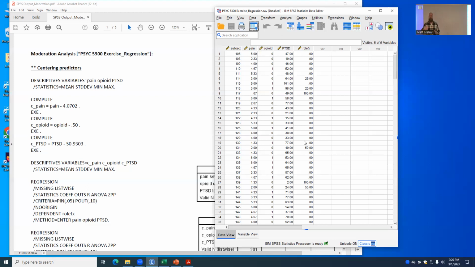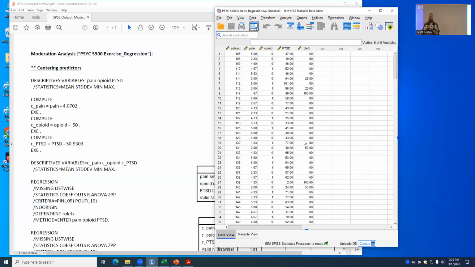If pain and opiate use are in our interaction together, those first order effects in our model represent the unique effect of X on Y with everything else held constant at 0. So it really depends on what 0 means for opiate use, because my unique effect of pain on role functioning is going to represent the association when everything is held constant at 0.